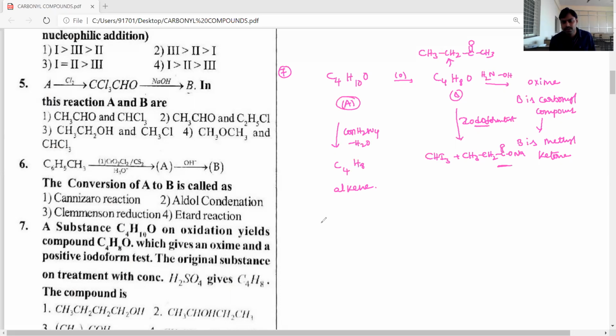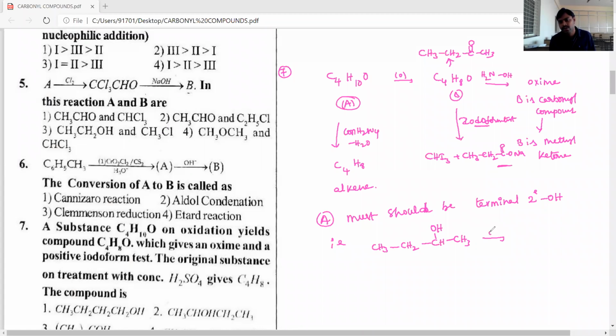So what is this A? Based on the conversions, A must be a secondary alcohol, that is CH3, CH2, CH, OH, CH3.